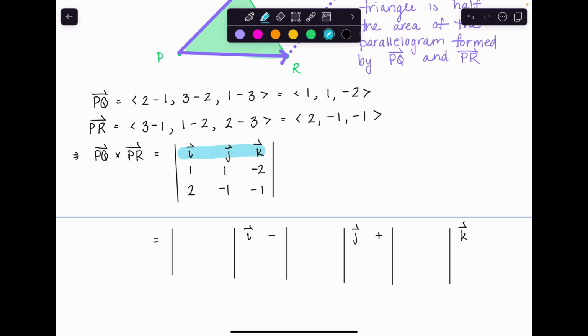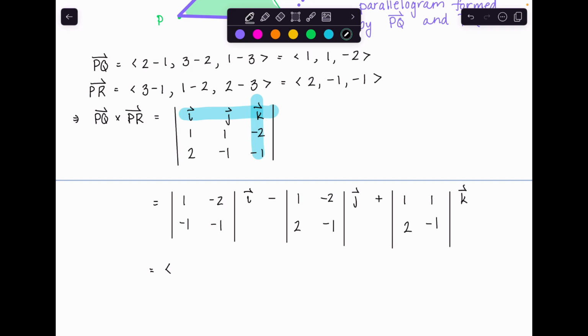We cross out everything in the same row and column as i. That leaves us with 1, -2, -1, -1. Then for j, we cross out the second column, and that leaves us with 1, -2, 2, -1. Every single time the first row is staying out of it. Now we cross out the third column, and that leaves me with 1, 1, 2, -1.